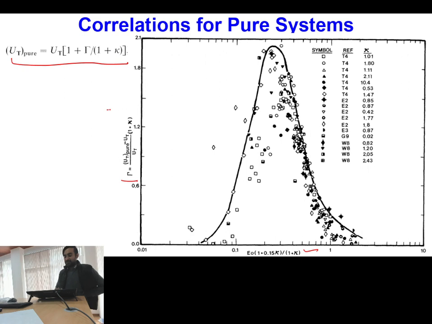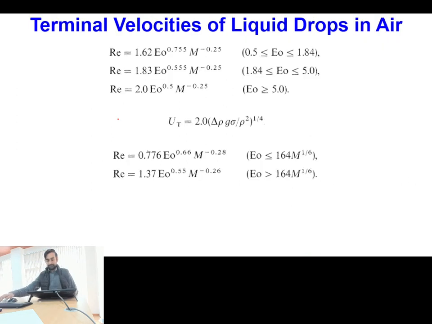So this curve can be used as a standard curve for calculation of circulation, and this circulation can be given as input to calculate the terminal velocity for a pure system.